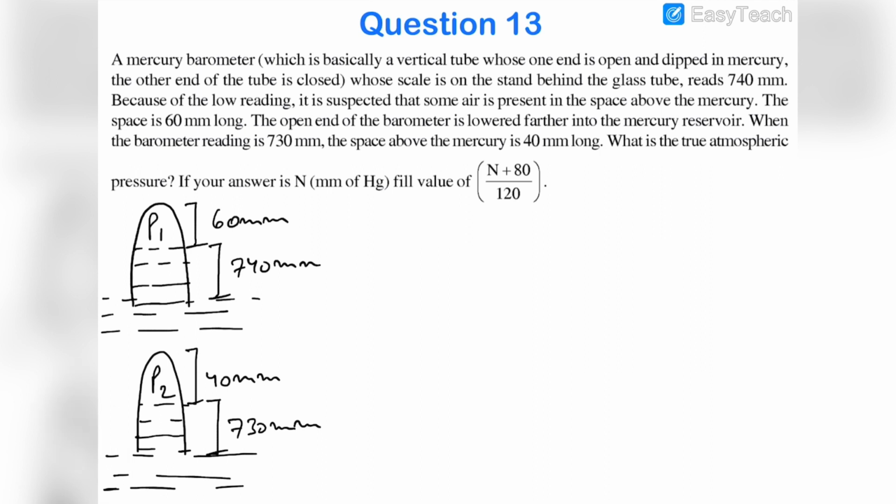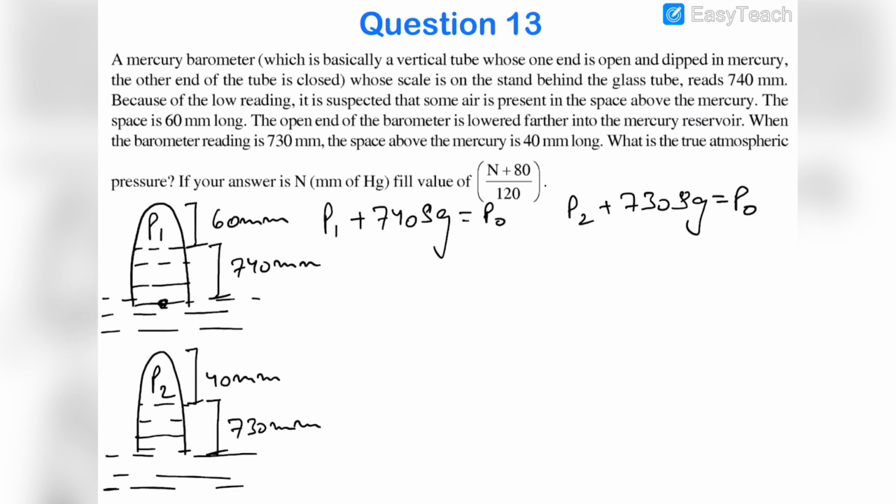So we know that P1 plus 740 rho g, rho is density of mercury, is equal to P naught, and in the second case P2 plus 730 rho g is equal to P naught. Okay, what we are doing, we are equating the pressure at these 2 points.